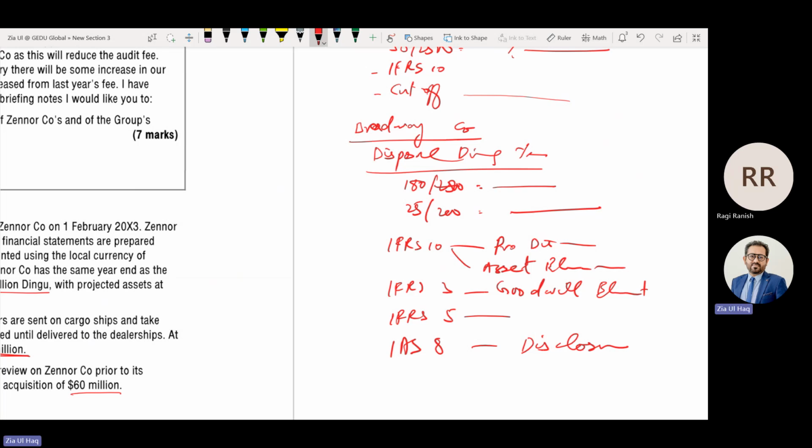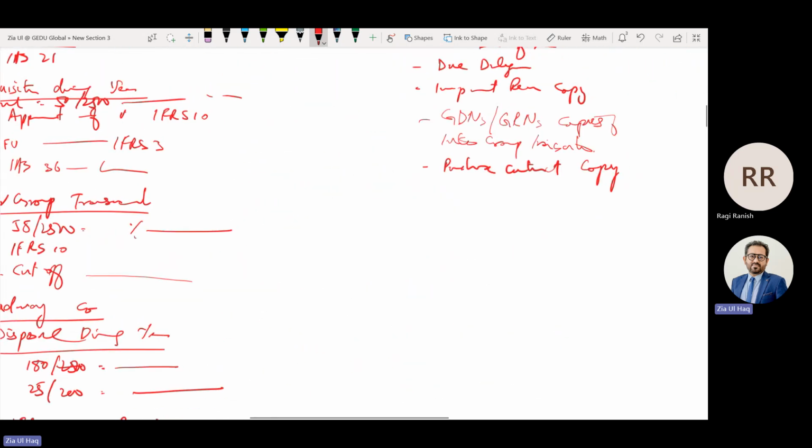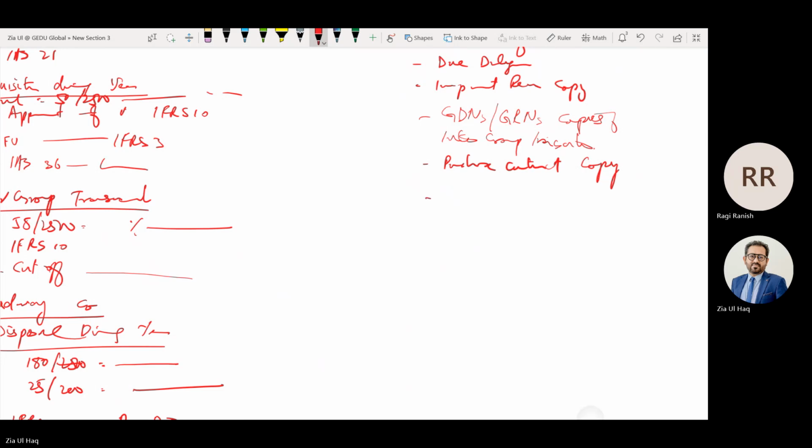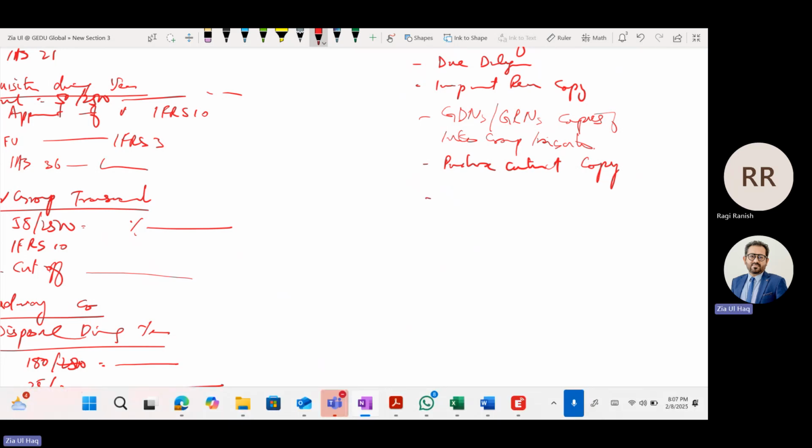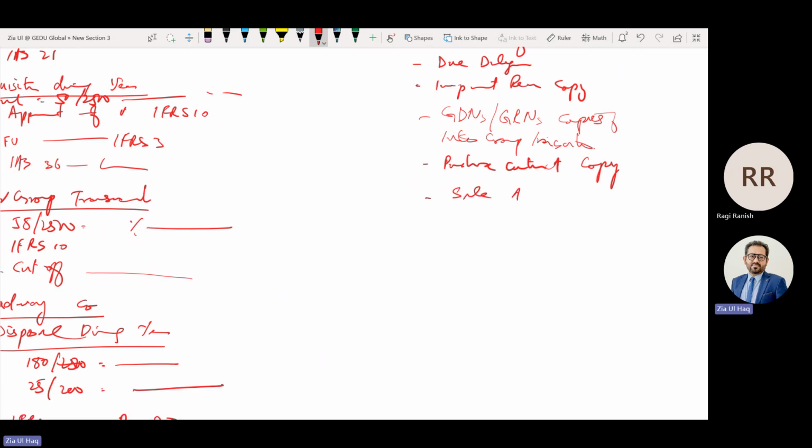1, 2, 3, 4. The risks and the materiality we have discussed. What are the documents relating to this? Now we can verify that the sale is made for 180 with the sale contract, the sale agreement of Broadway. How can we verify the profit of 25?